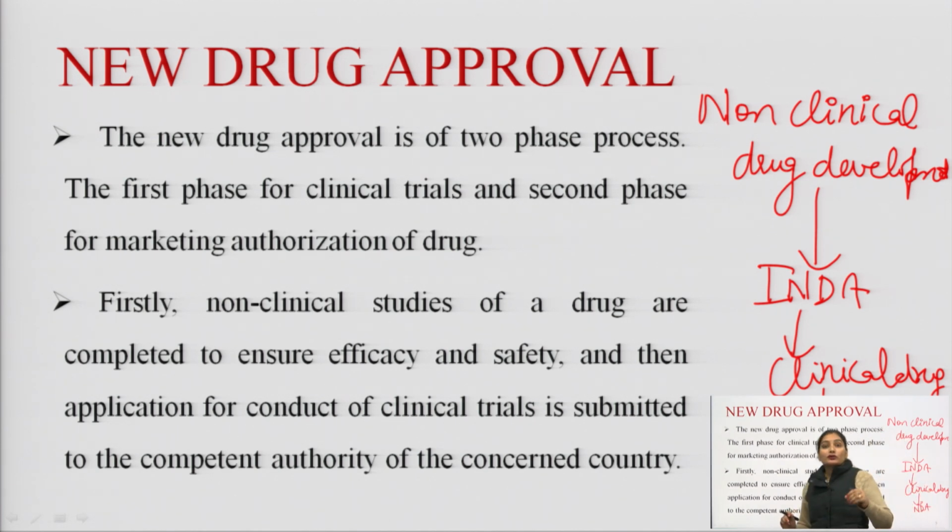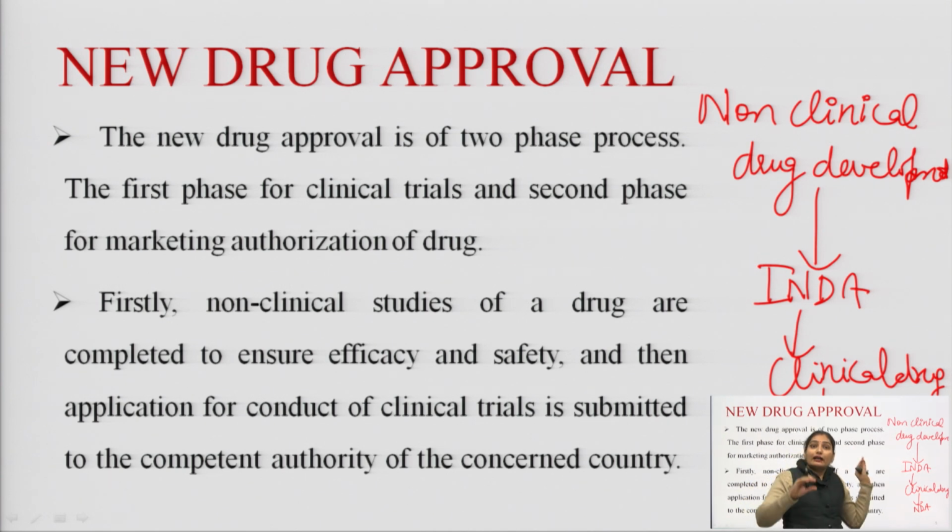Okay. So, to get a product launched into the market, these are the steps. When a molecule is found to have certain pharmacological activity, then this molecule will go to the non-clinical drug development stage, and in this stage the animal pharmacology and toxicology testings are done on the drug product.